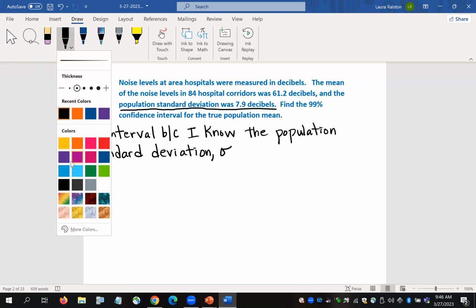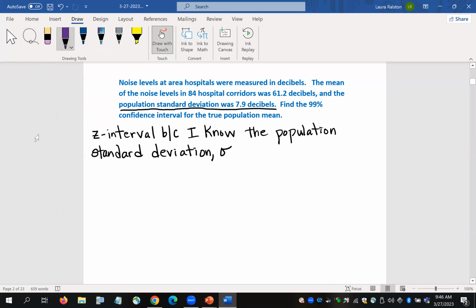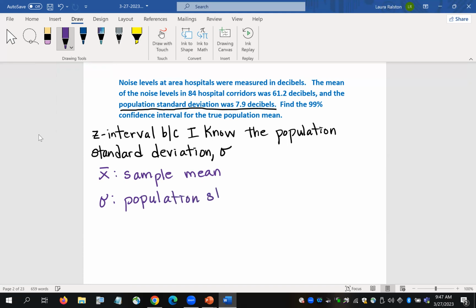So I'm trying to help you recognize when to do which one. Okay, so we know we're going to do a Z, and then it helps us to identify all of our information. And usually there's questions with the problem that'll ask you these things, but usually we need X bar, which is our sample mean. We have sigma, which is our population standard deviation.